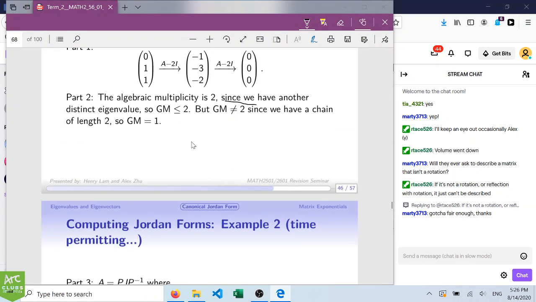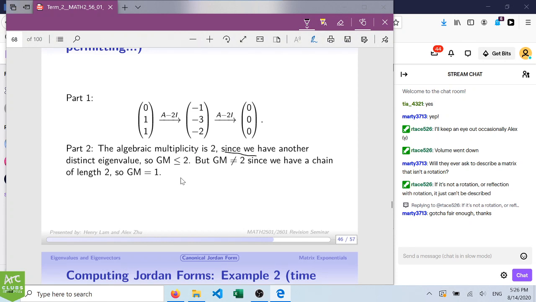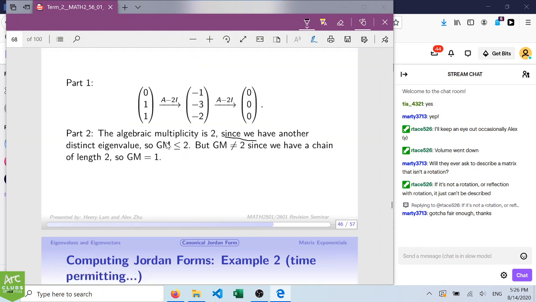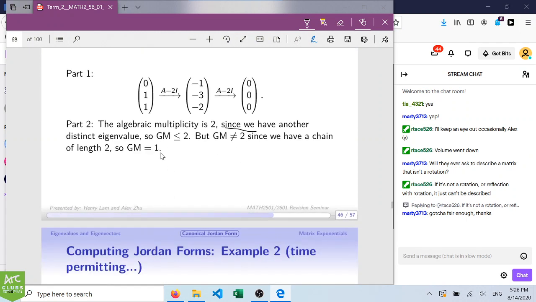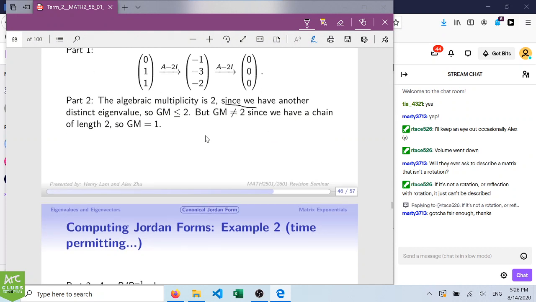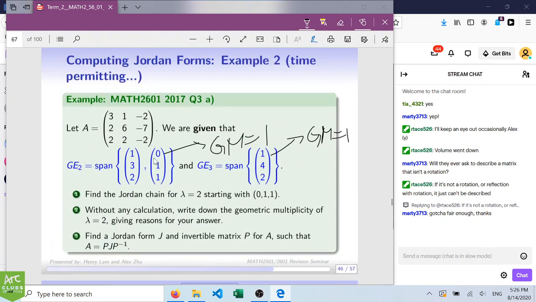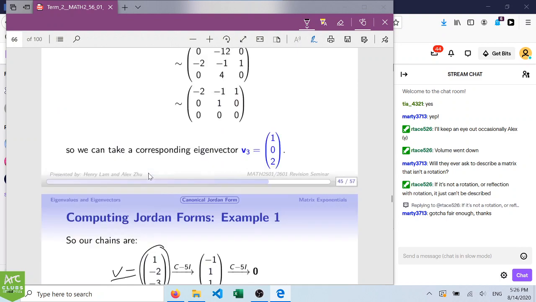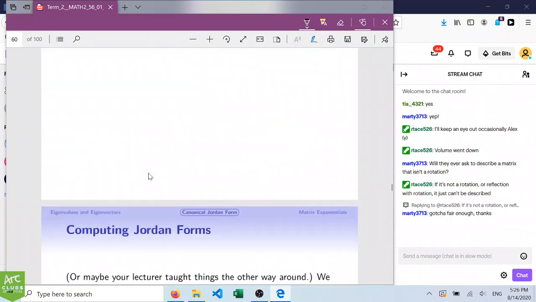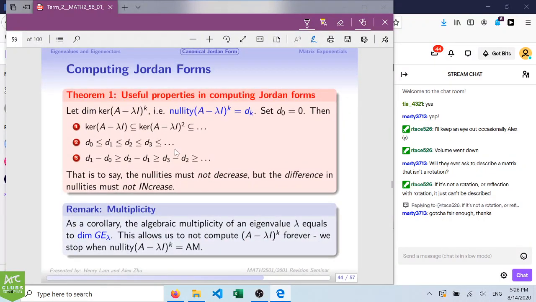So if we look at the geometric multiplicity of the second part, we have a chain of length 2, and by the previous lemma, the multiplicity of an eigenvalue lambda equals the dimension.